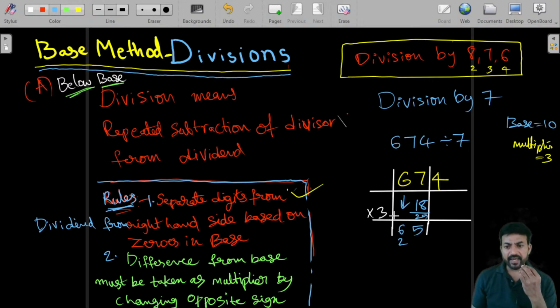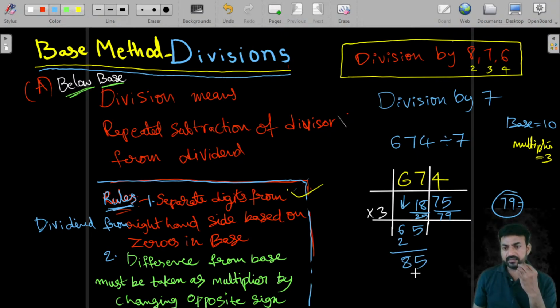When you are multiplying next, 3 25s is 75. You have to multiply like this. Total is 79. Still we have many 7s here. Still you can divide 79. How many 7s are there in 79? 11. So that 11 has to be added here. 85 plus 11.